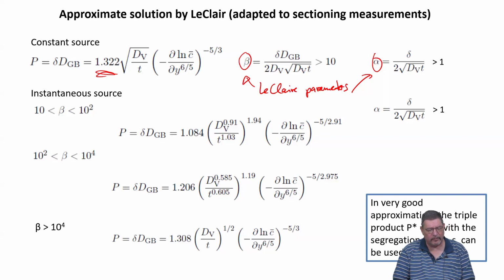If you have an instantaneous source, then you have to be more careful because there are 3 different regimes for the beta parameter, which basically give you different mathematical fit functions for what we call here the double or triple product.